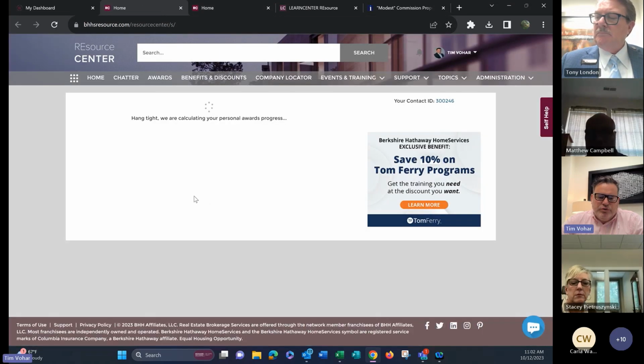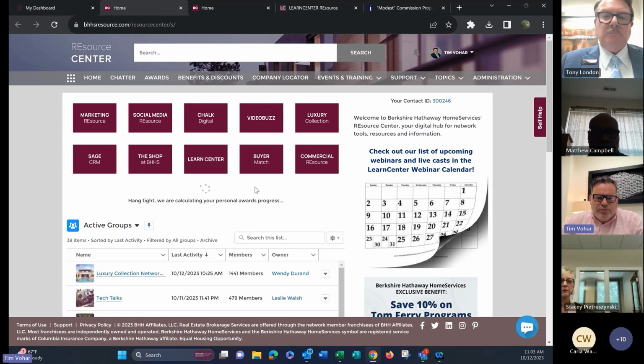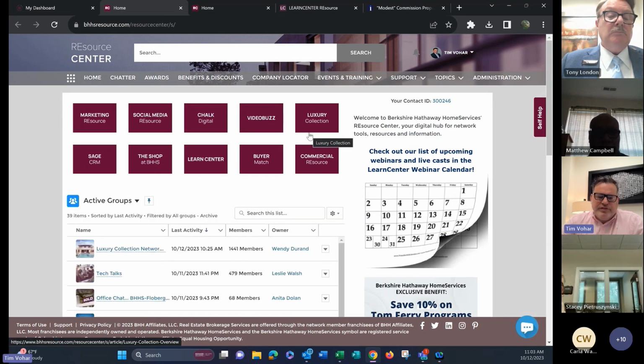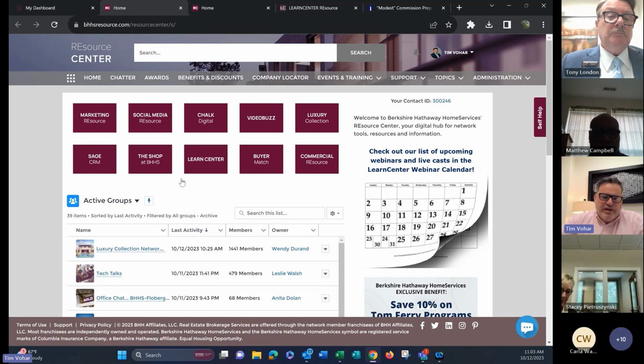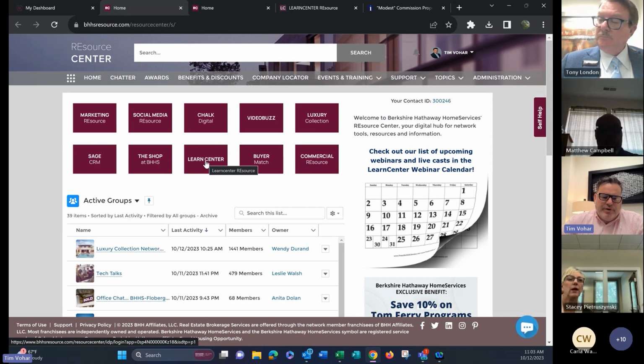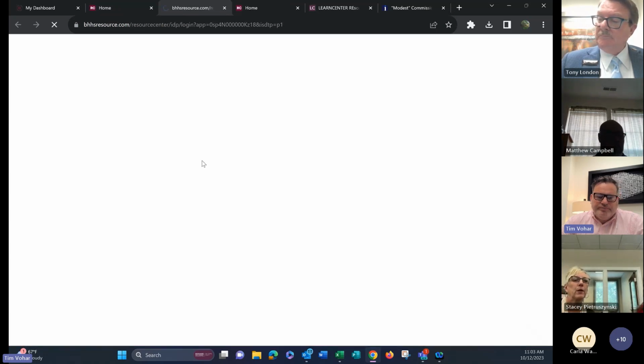And I'm coming to this group of buttons. So the two pieces of information I'm going to be talking about today are in the Resource Center. They are also deeper down in the Learn Center. So I'm going to click on the Learn Center button.